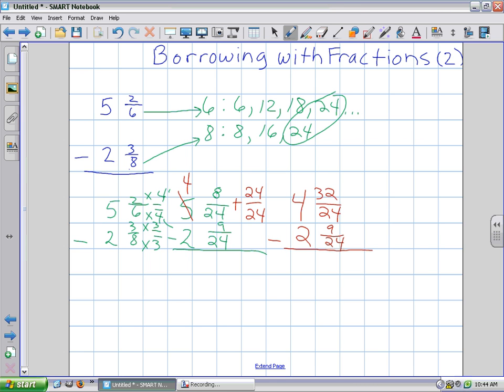So we look at 9, if we subtract 9 from 32, that is going to give me 23/24, and 4 minus 2 is 2. And we can see that 23/24 is already in lowest terms, so my final answer is 2 and 23/24.